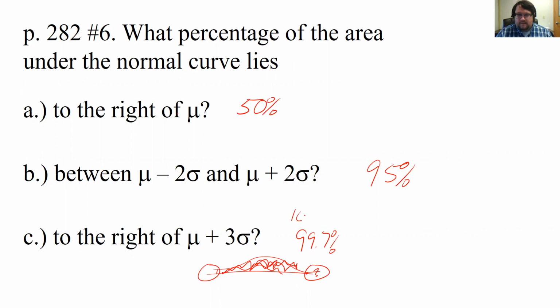Well, if we take 100% minus that, that leaves us 0.3%, but that's both of them. So you got to divide that by 2, and that gives you 0.15%. 0.15 of 1% is above 3 standard deviations above there.